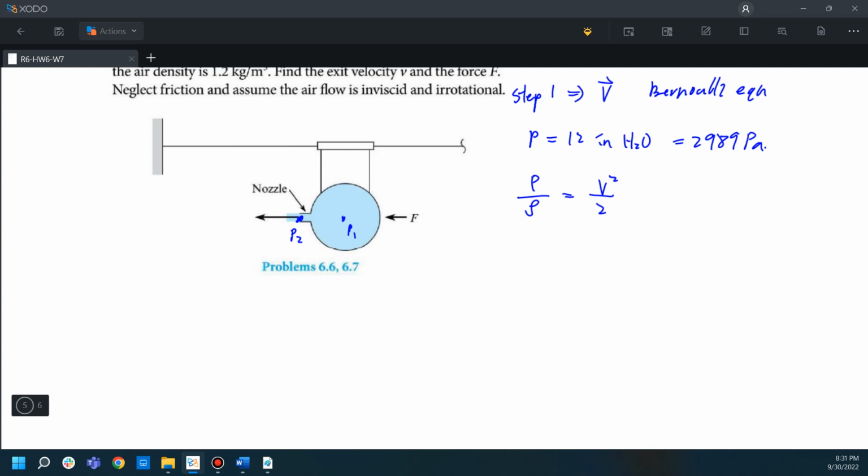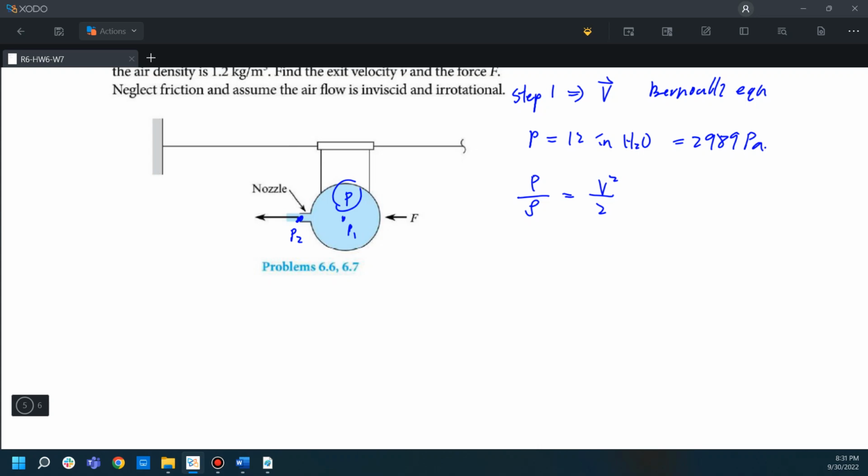Then you assume you know the pressure in here, and there's no velocity at point 1, and the datum is the same, so we just ignore the elevation term. So for point 1, we just have the pressure term, and for point 2, we don't have the pressure because it's open to the atmosphere, and we don't have the elevation term, and that means we only have the velocity term remaining.